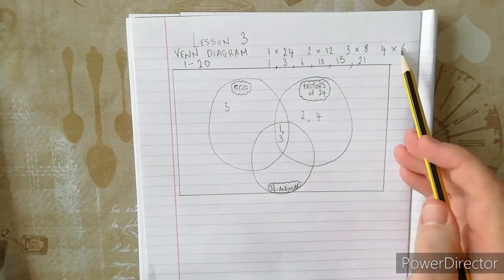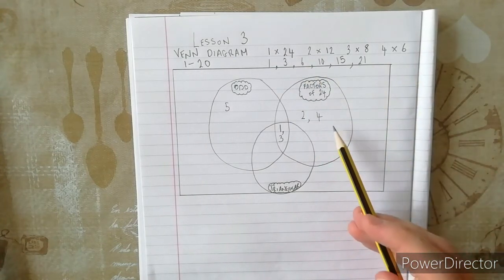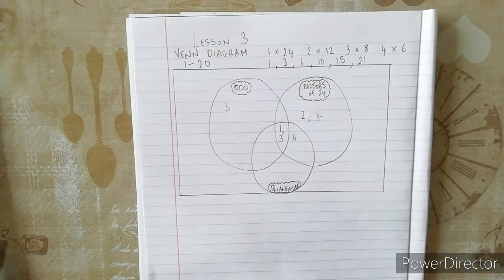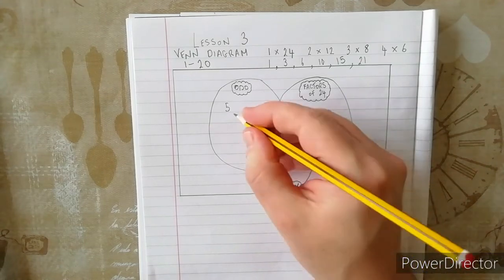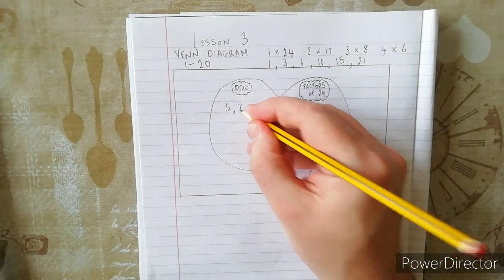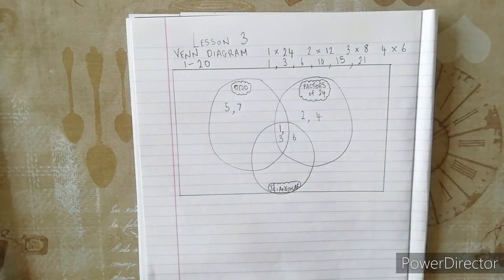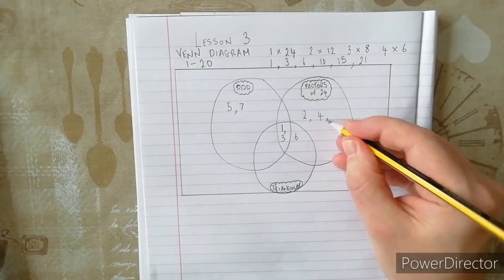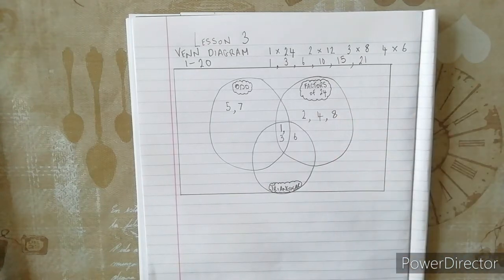Well, it's in these 2 here. So it's factors of 24 and triangular. 7. Just odd. 8. Factor of 24. 9.